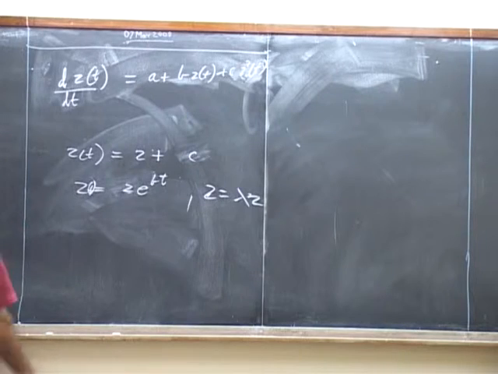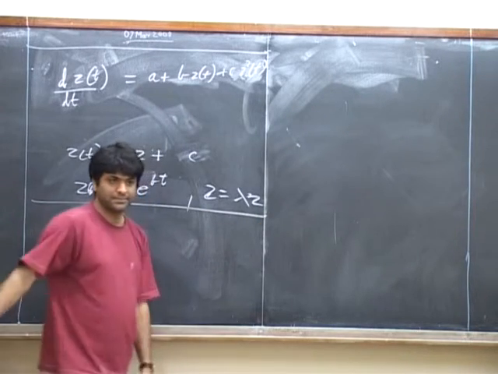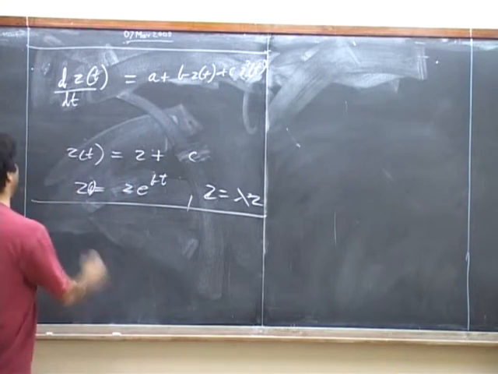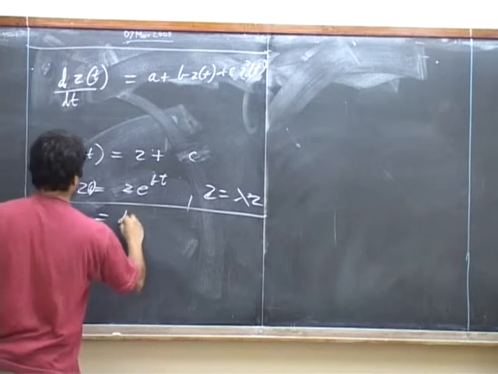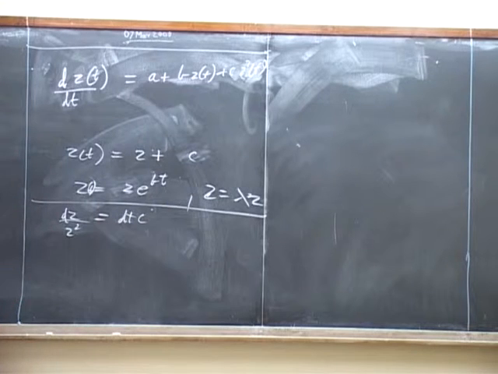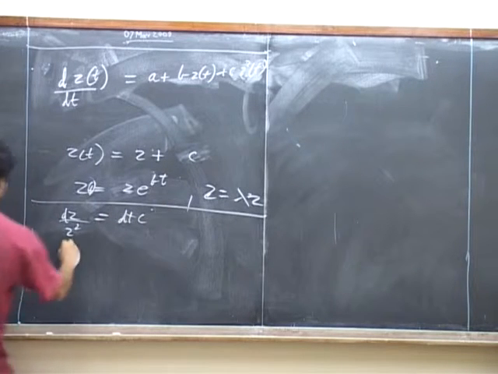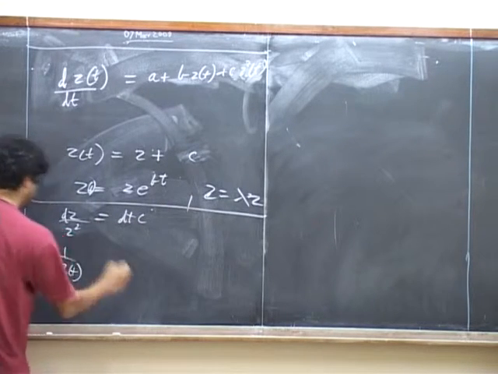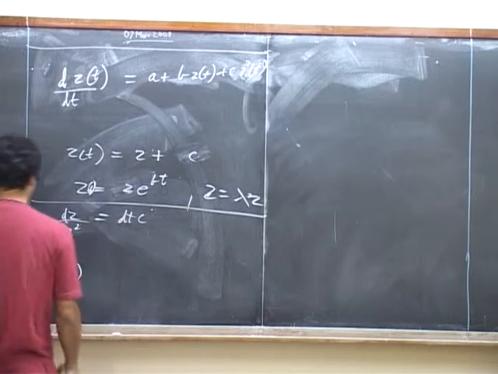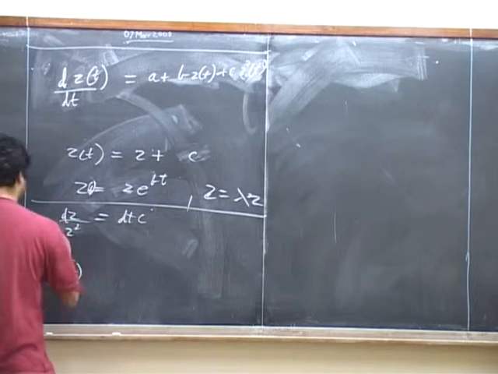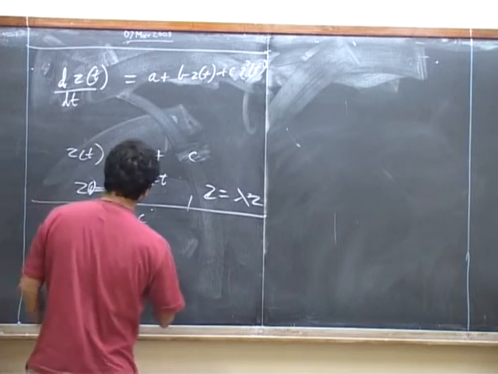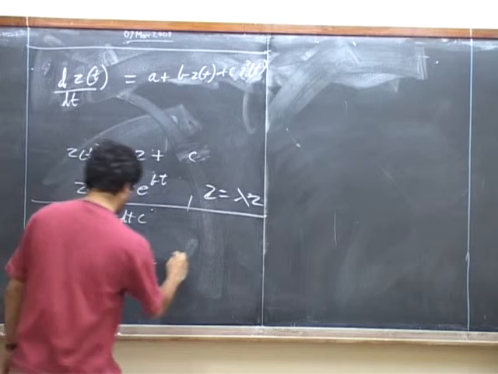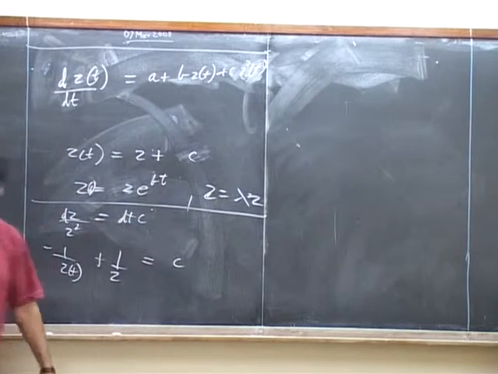So let's try to understand what happens with this one. Exactly. So dz over z squared is equal to c dt. So we get minus 1 over z(t) plus 1 over z equal to some constant, which is c times t.